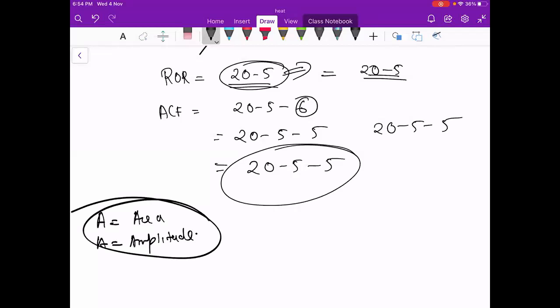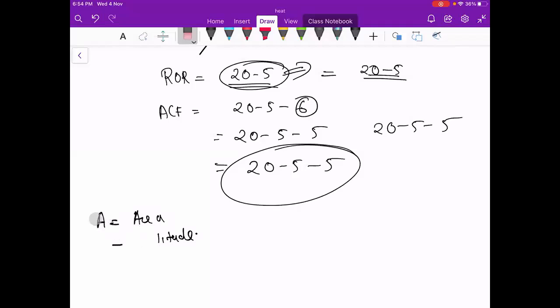A is area also and A is amplitude also, but both have different meanings. In the same way, don't go with the wordings. See what I am telling, what is the actual meaning. This P is actually the money which you are getting after selling.